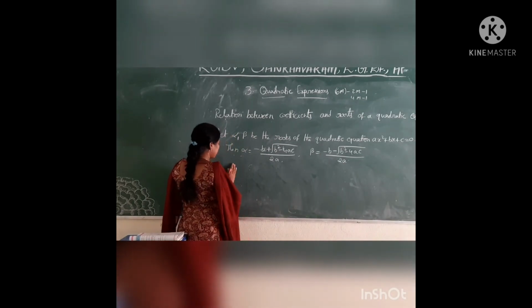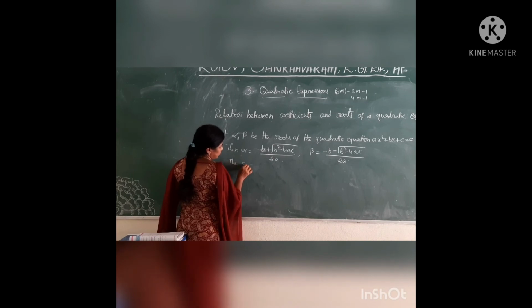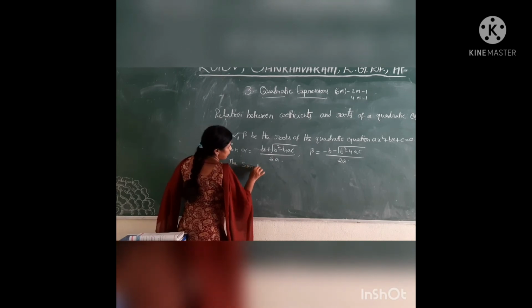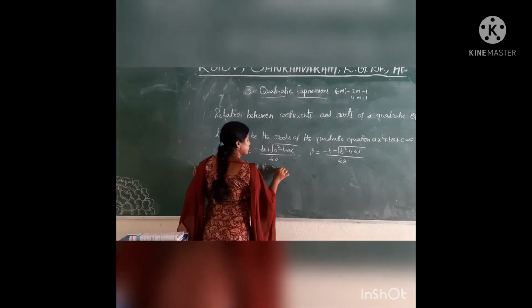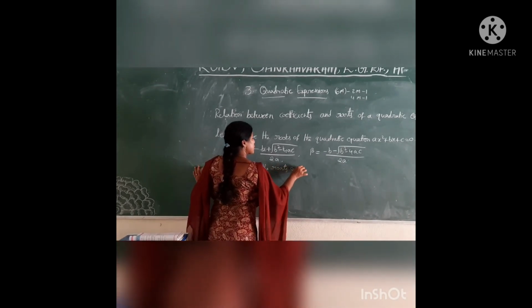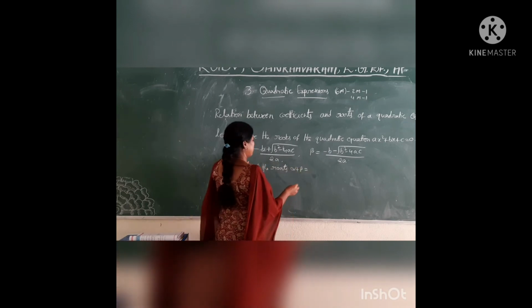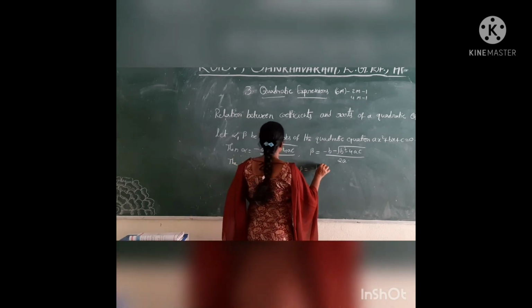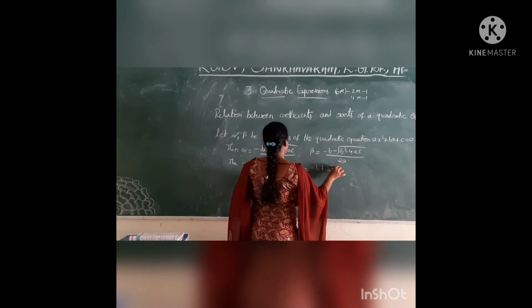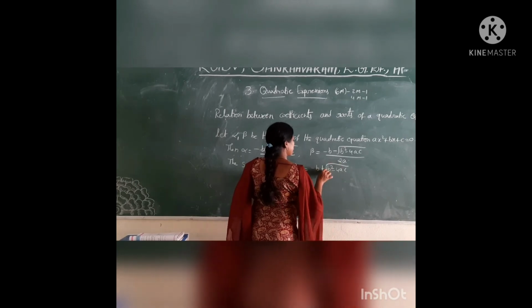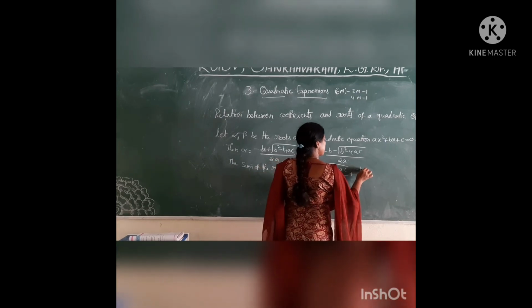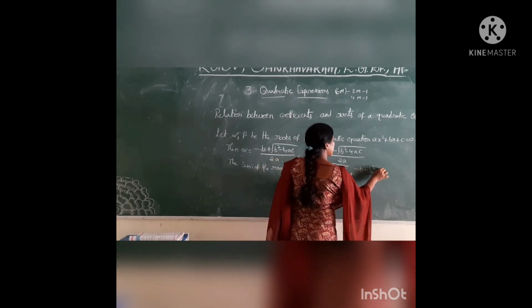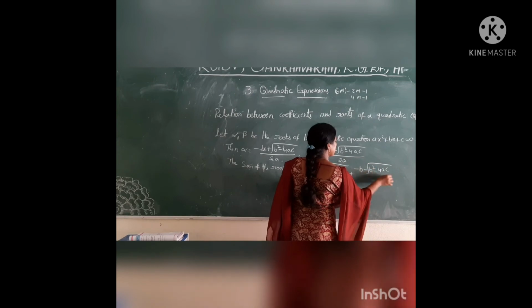Now the sum of the roots. Alpha plus beta is equal to minus b plus root of b square minus 4ac by 2a plus minus b minus root of b square minus 4ac by 2a.